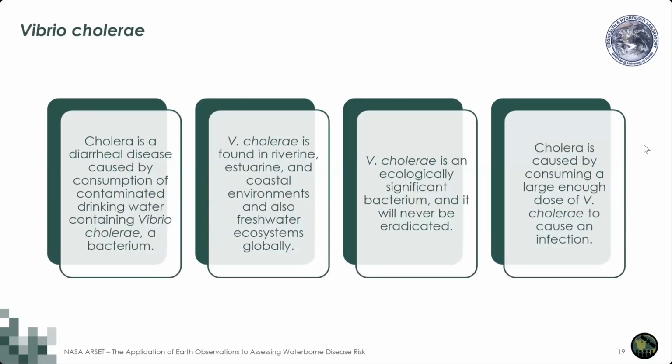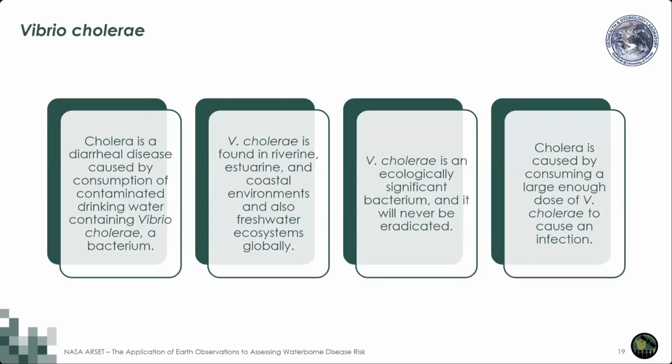The causative agent of cholera is Vibrio cholerae. And as we've talked a lot about Vibrios before, I wanted to give you some more context specifically on Vibrio cholerae. The main way the infection is caused is by consumption of contaminated drinking water containing this Vibrio.